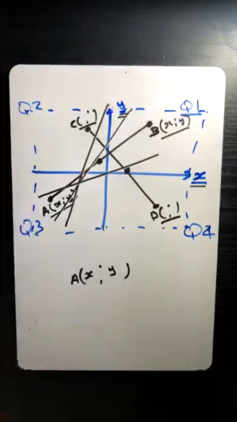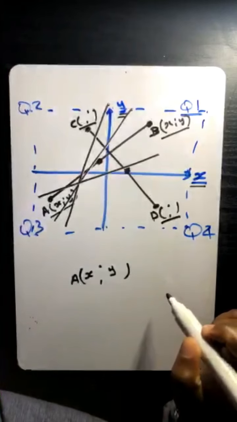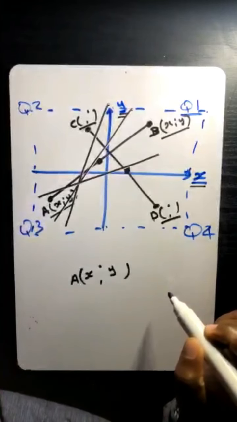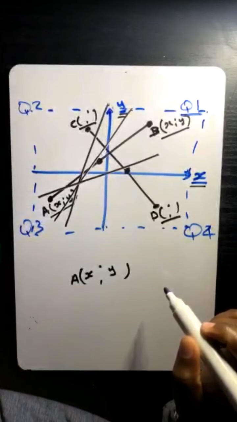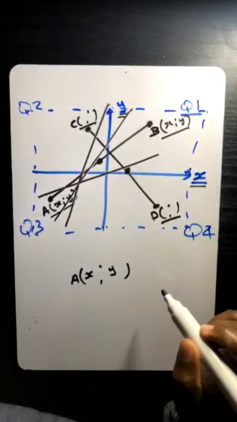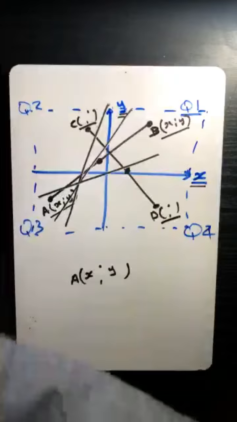So, ladies and gentlemen, you might be given lines with different slopes. So you just need to be aware that the gradient of a line tells how steep the line is. I hope you guys are aware of all that I've explained.